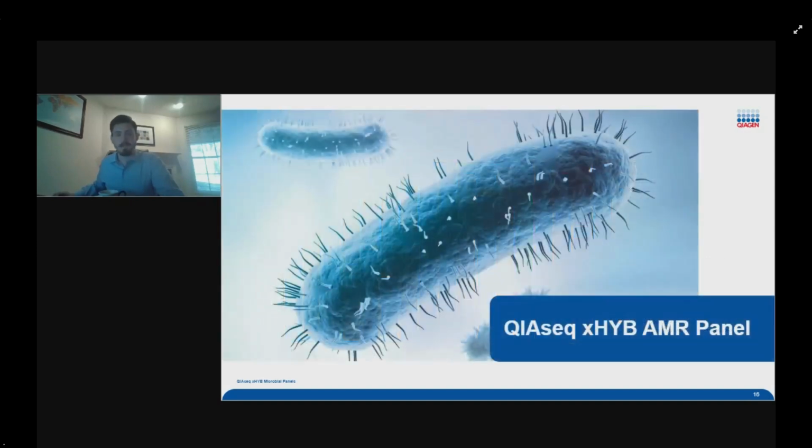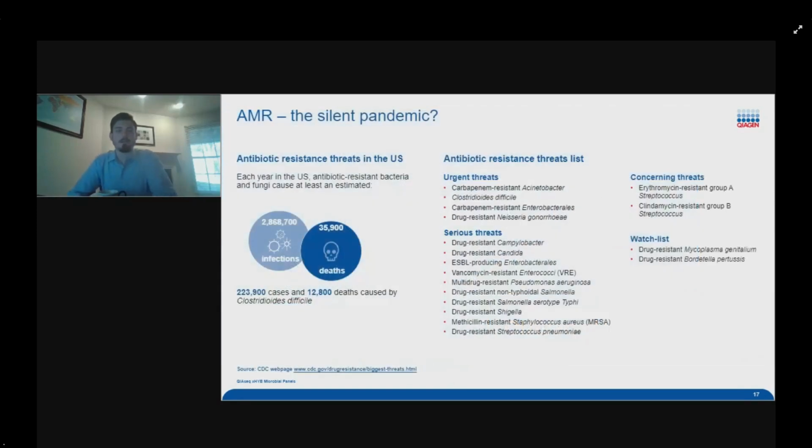So moving on to the actual AMR panel. Antibiotic resistance is a growing health concern that more and more people are becoming concerned with. In the United States alone, there are more and more deaths every single year from infections from previously treatable bacterial infections.